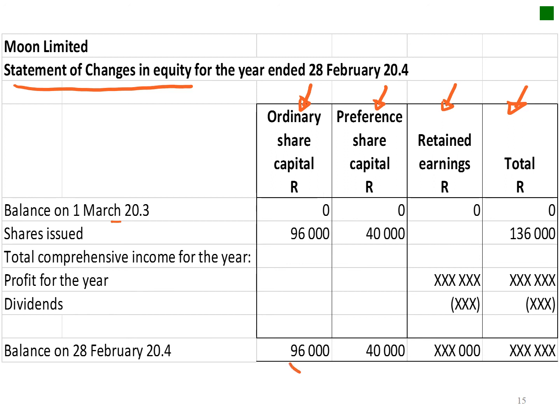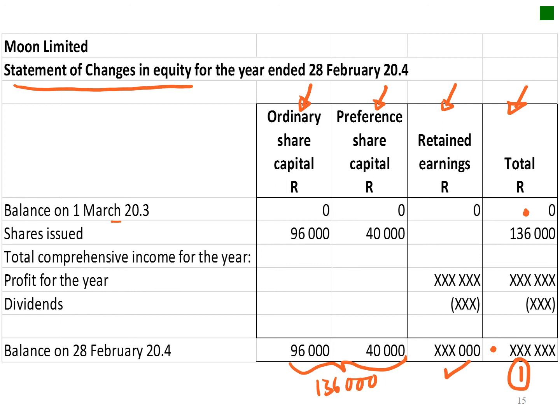So in the equity section of the statement of financial position, we have 136,000 for share capital, but that 136,000 we've now split on the statement of changes in equity between what's ordinary and what's preference share capital. And also on the statement of financial position, we had a row for retained earnings, and this total here will be the total amount of equity at the beginning and at the end of the financial year.